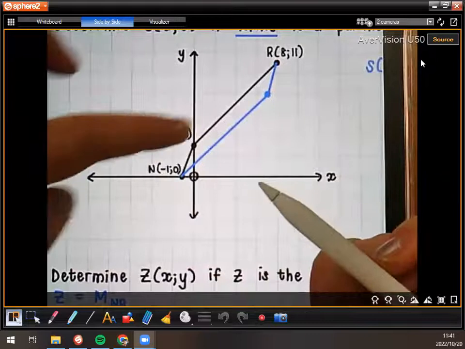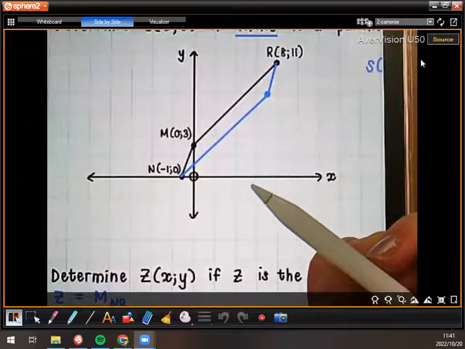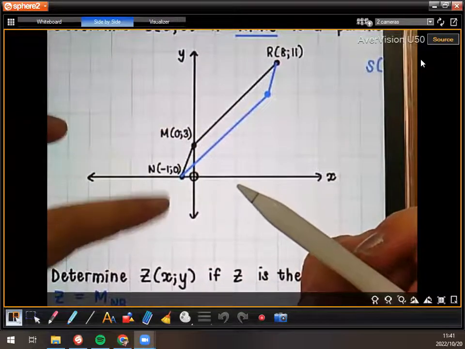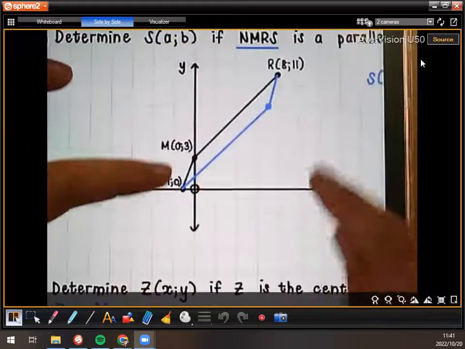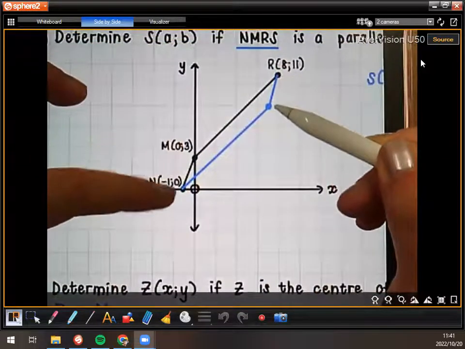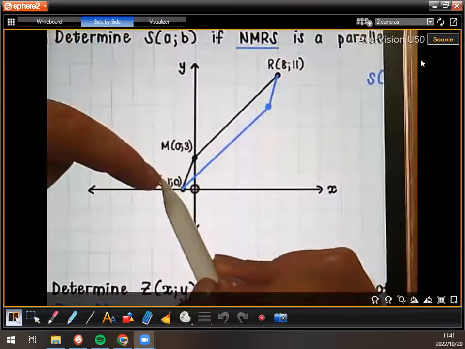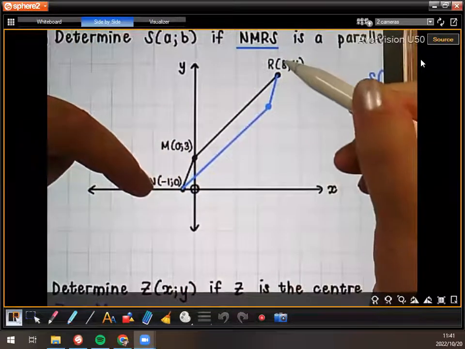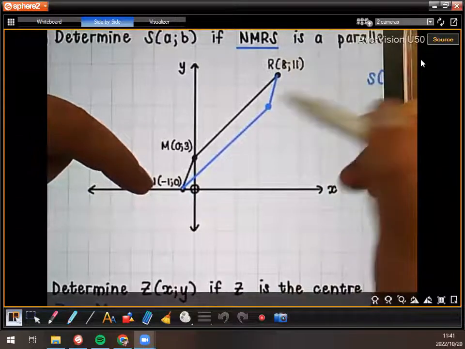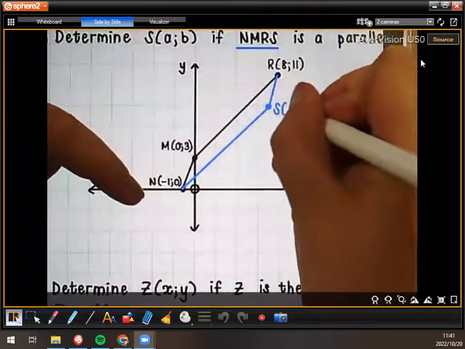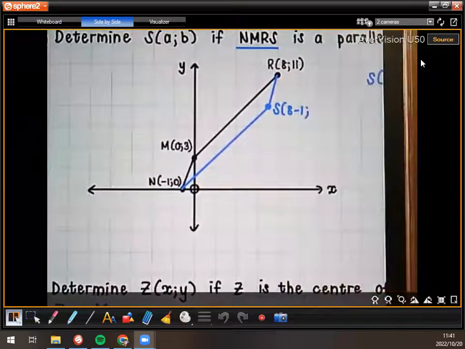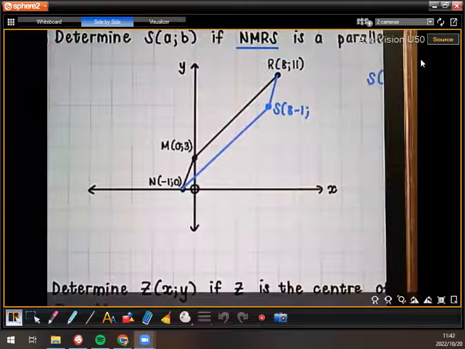Now, in order to have the same shape, the same length, and the same gradient of this side and that side, we're going to have to do the same shift. So from 0 to -1, I'm subtracting 1. That means that from this x value to that x value, I'm also going to have to subtract 1. Does that make sense? So you just mirror the shift that happens.